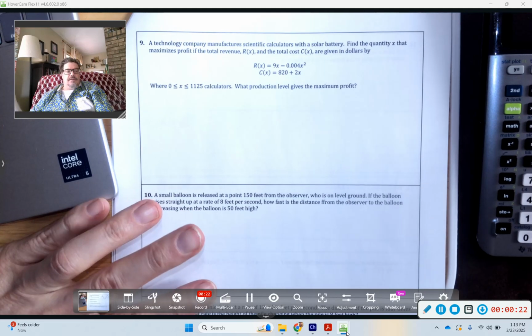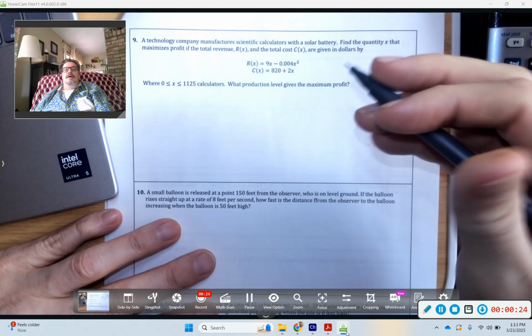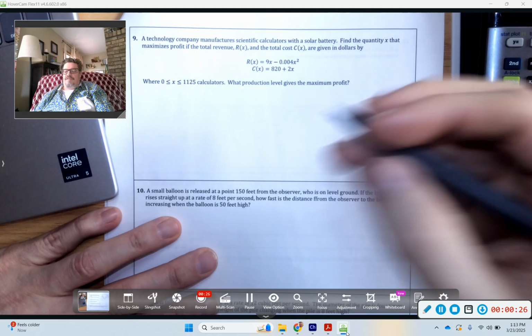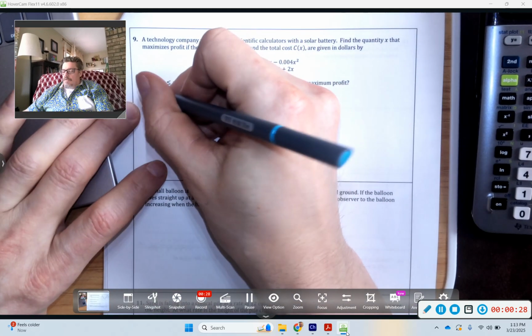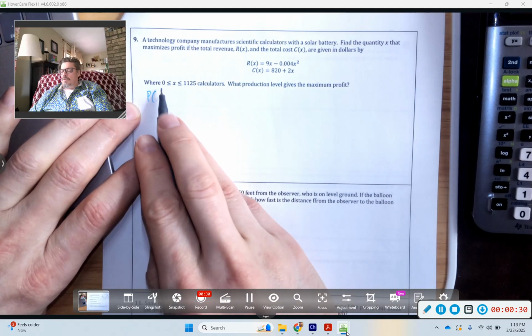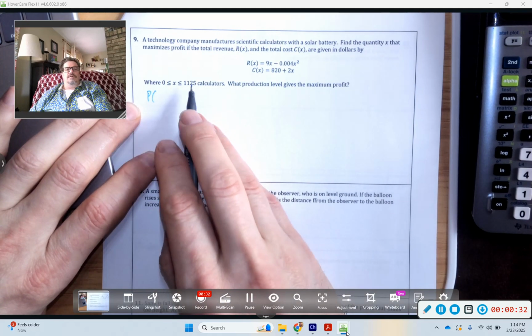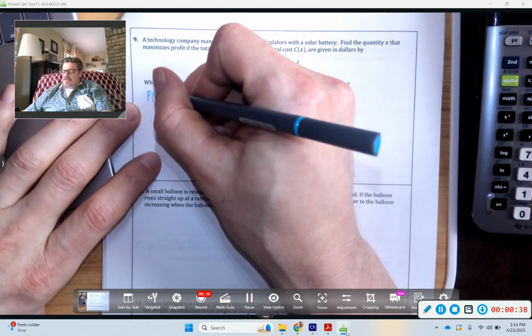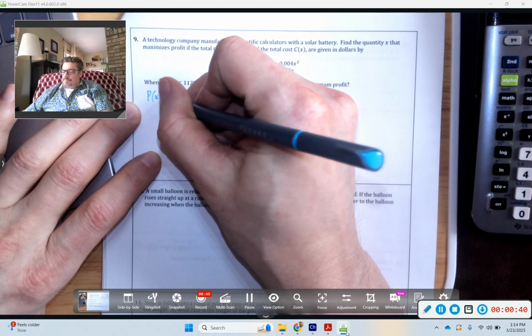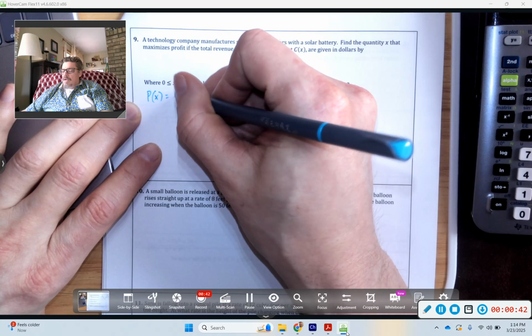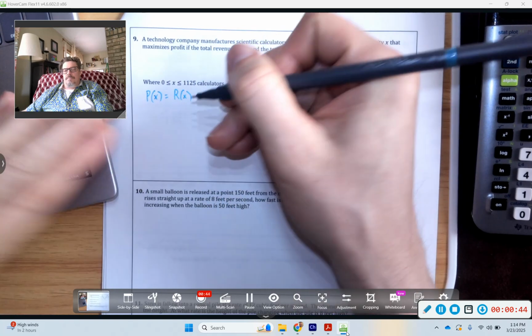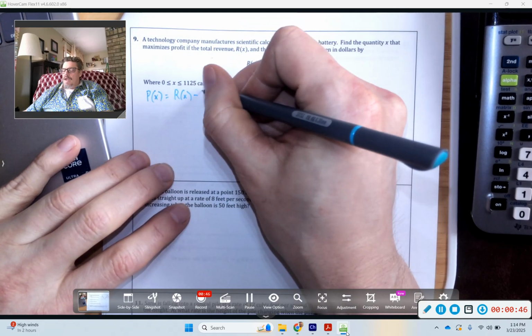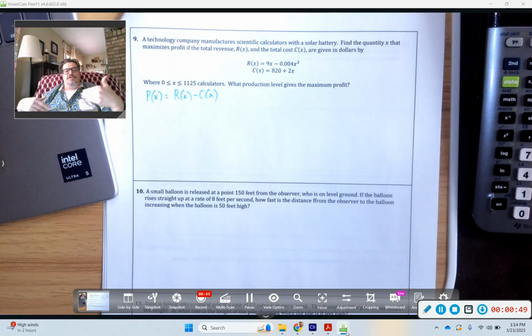I don't know if you guys have taken the business class, but profit actually equals how much revenue comes in, how much money is coming in, and then you subtract the cost it took for production.